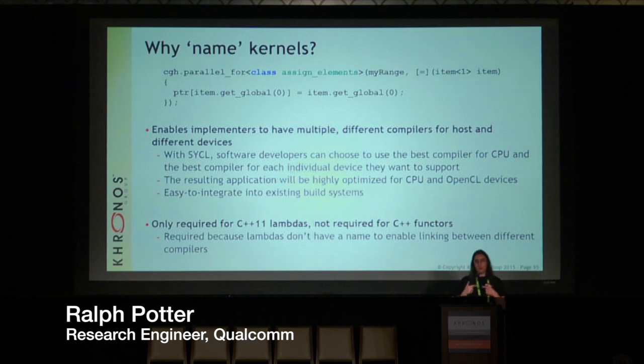On top of that, you need a unique kernel name that still interacts with the C++ type system because you want it to interact correctly with templates. It's not any use to anyone if you write a template and it generates two different kernels and gives them the same name. So this is the pragmatic solution to get around the fact that Lambda functions are untyped.